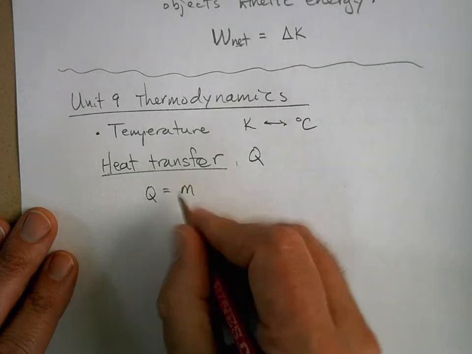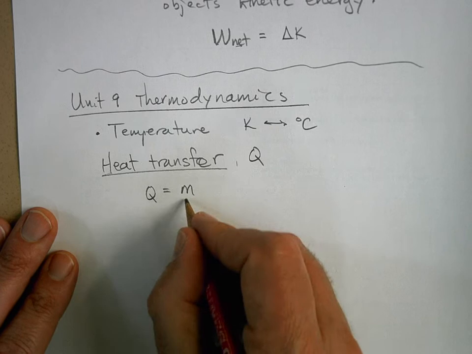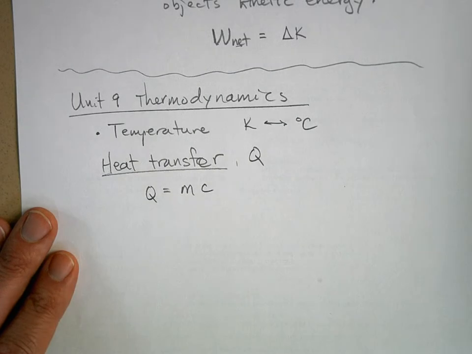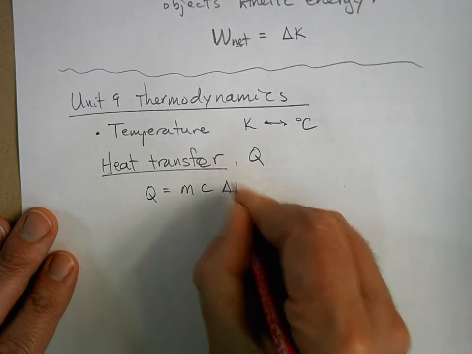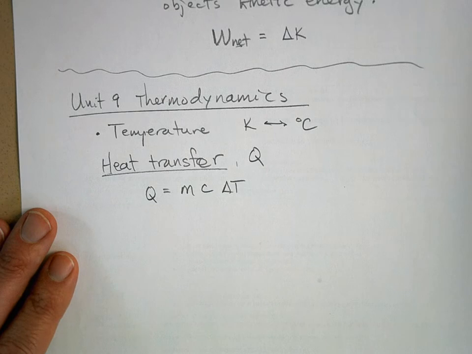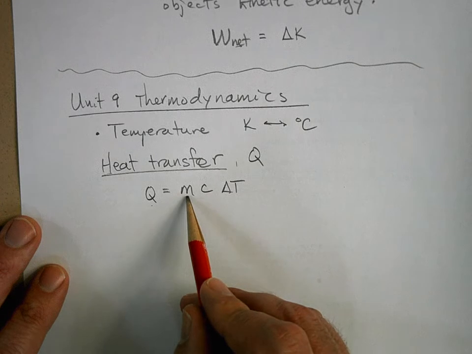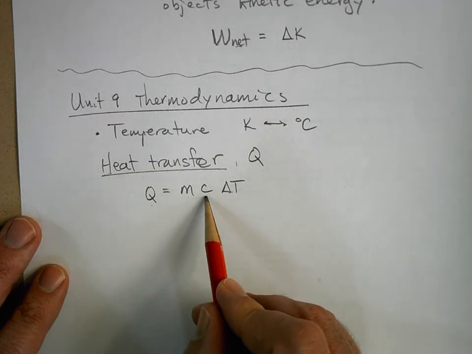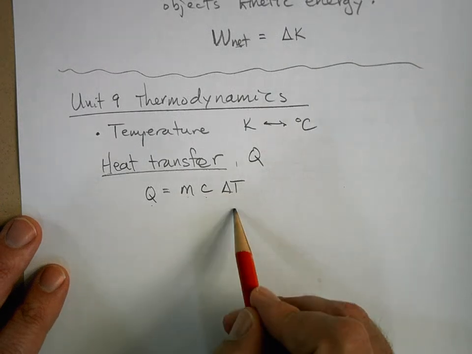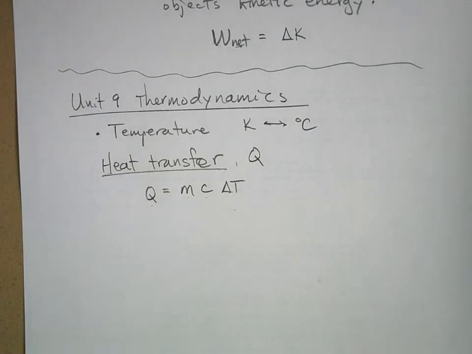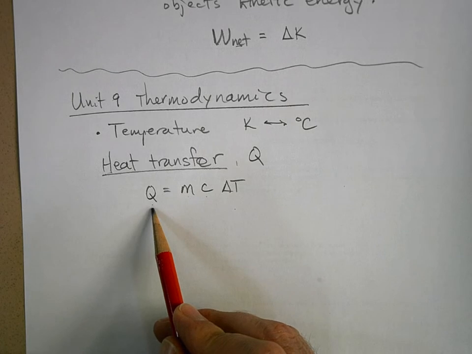Depends on the amount of heat, the mass, the specific heat capacity, and how much I change the temperature of the object. So I can put heat into an object, a certain amount of stuff with a certain specific heat capacity, I'll increase the temperature. But what if I extract heat? If I extract heat, Q will be negative and the temperature will drop.